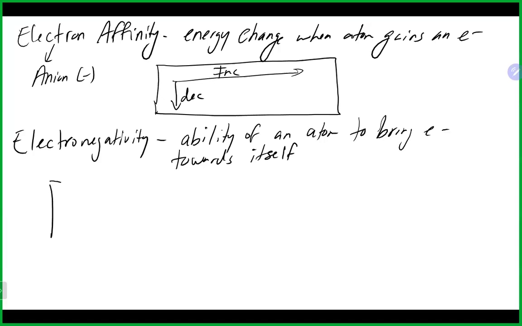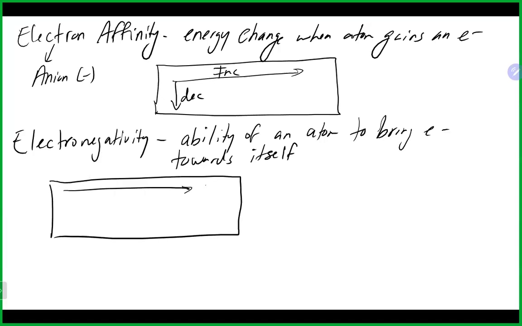And on the periodic table, it increases as you go up and to the right. Fluorine is actually the most electronegative element you could have, and it decreases as you go down and to the left. So going up and to the right, we have things that want to bring electrons towards themselves, which also goes nicely with our electron affinity, which means if they're going to bring electrons towards themselves, they're probably going to gain them.